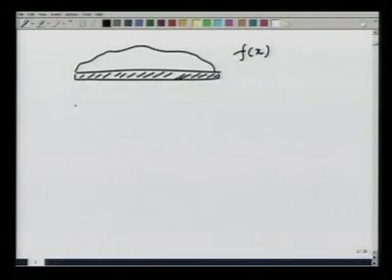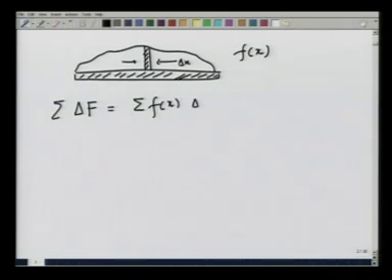The total force is going to be summation of that delta f that is acting on a small section of length delta x. So, this is going to be summation f(x) delta x, which in the limit is going to be integration f(x) dx, that is the net force. And when we say where effectively is it acting, that means what moment or torque should I apply to this beam in order to keep it in equilibrium.